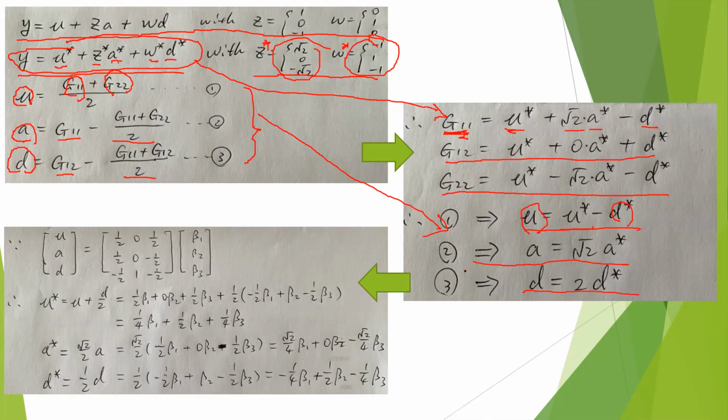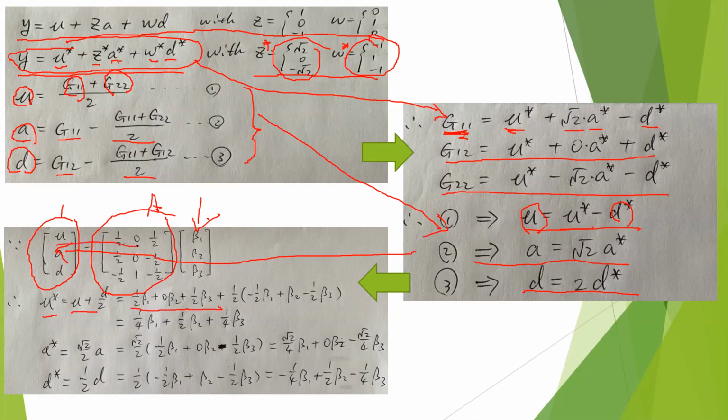This is the original A matrix, right? If we use the originally defined mu, A and D, this is the A matrix, and this is the relationship between mu, A and D and beta 1, beta 2, and beta 3.